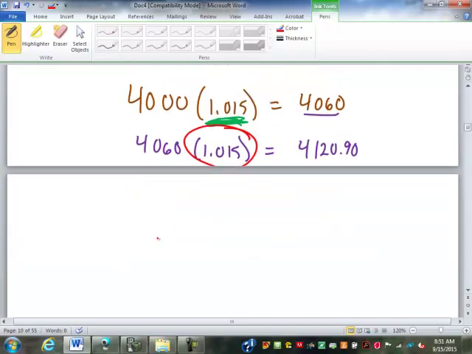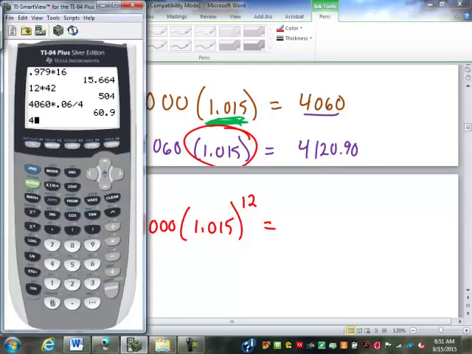High energy group today. If we're multiplying by the same number, what is our shortcut? We could just use a power of 12. So 4,000 times 1.015 to the power of 12 gives us an ending balance of $4,782.47.